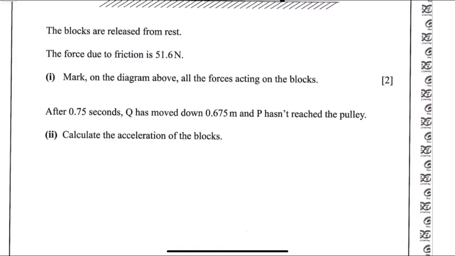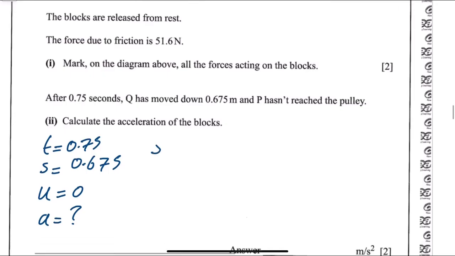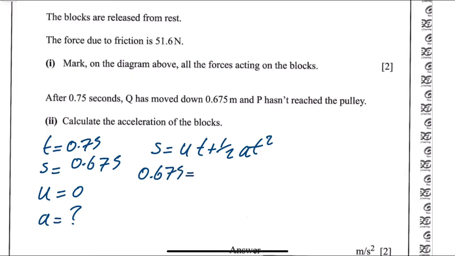Okay, so after that time, it has moved down 0.675, and initially it must have been at rest. So there's where we get everything we need. So you're going to use, again, the most common of our SUVAT equations, S equals UT plus half AT squared. I think it's probably the third time we've used it already. 0.675 is equal to 0, plus, I'll just write my half as 0.5, times my A, which I'm trying to find, times my 0.75 squared.